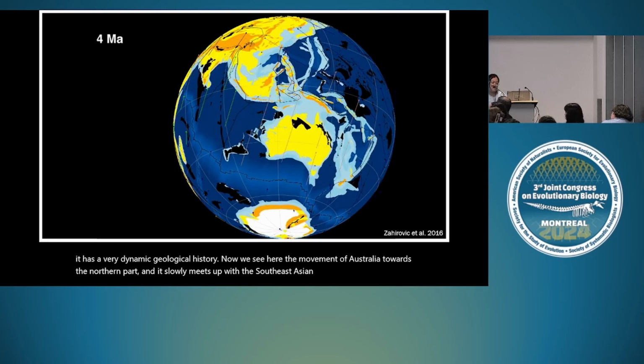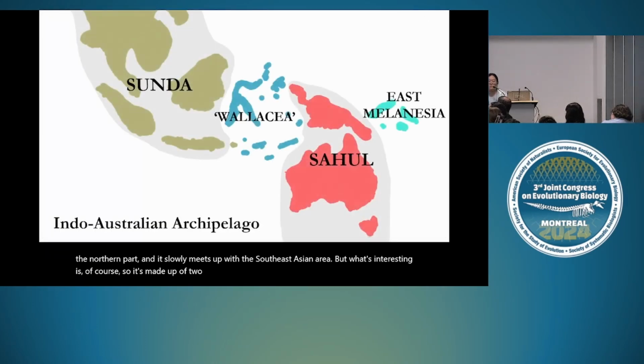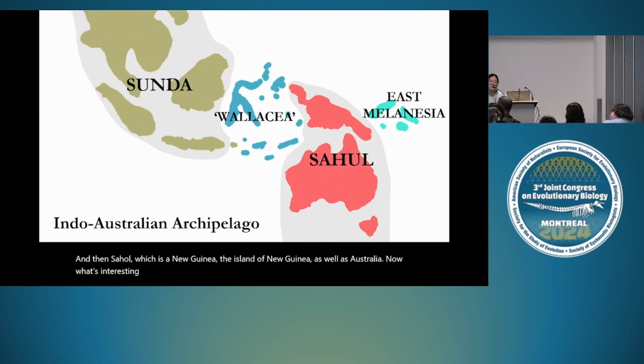It's made up of two main continental masses that we know as Sunda, which is the southeastern part of Asia, and Sahul, which is the island of New Guinea as well as Australia. These two continental land masses have never, up till now, been connected by dry land. What we have instead are a series of islands in between.